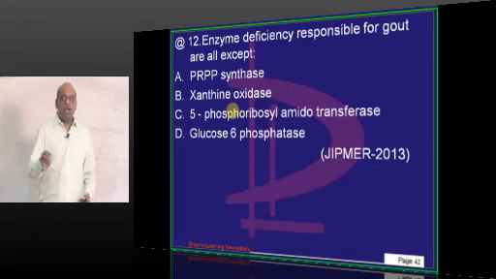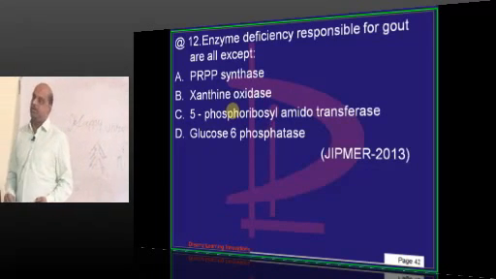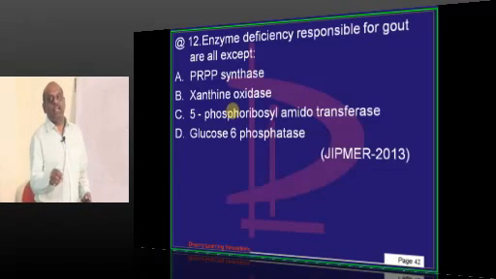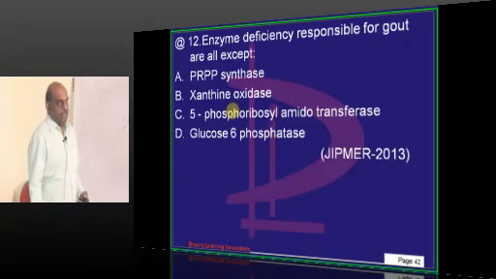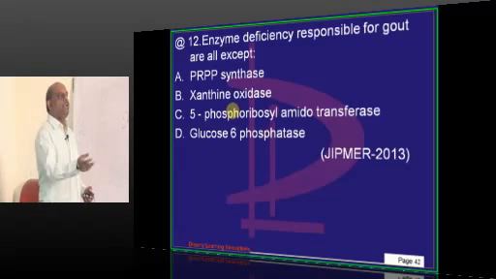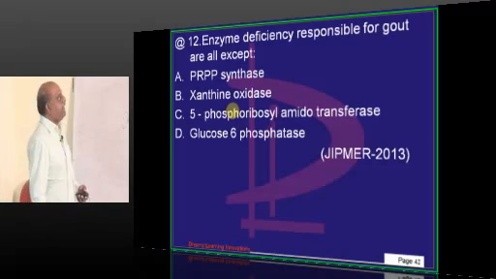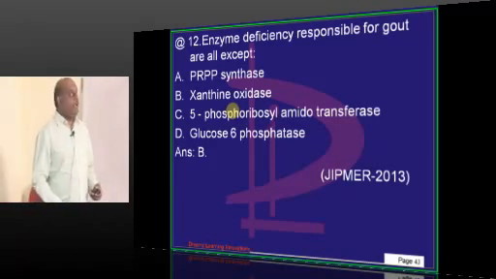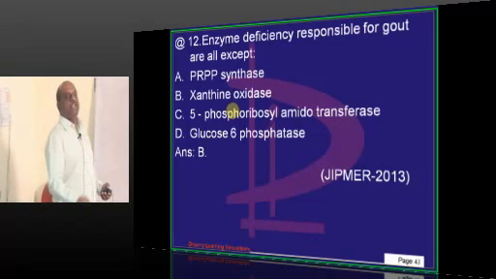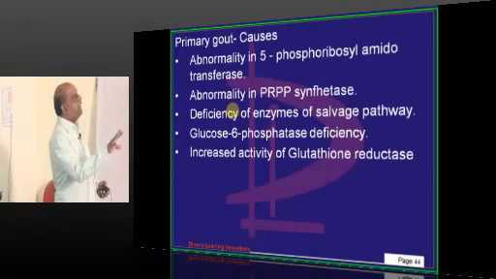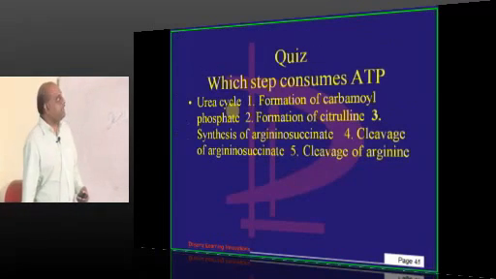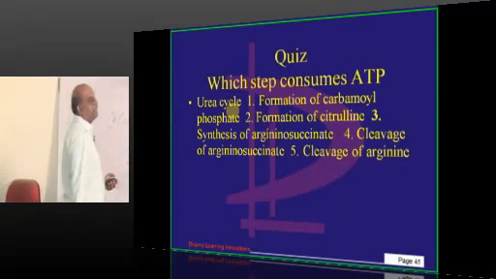Then what leads to gout and hyperuricemia? All this will lead to it, but not xanthine oxidase deficiency. We use allopurinol to decrease uric acid production, whereas PRPP synthase, glucose 6-phosphatase, and 5-phosphoribosylamidotransferase are the three important enzymes whose deficiency leads to the development of hyperuricemia and gout, is what you need to remember.